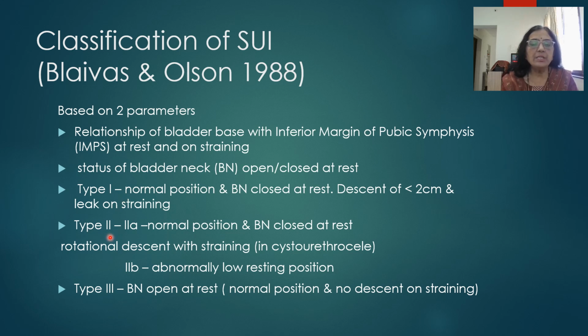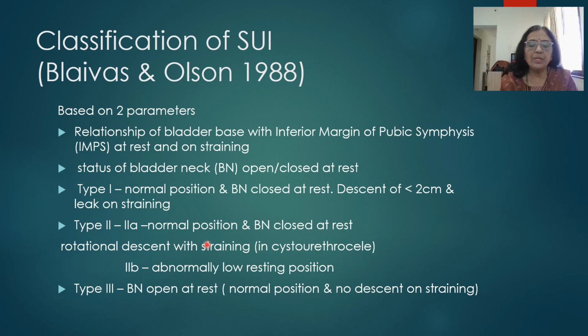Type 2 is when the descent is greater than or equal to 2 centimeters, which is further divided into 2A and 2B. 2A is again at rest, normal position, and bladder neck is closed. But with straining, there will be rotational descent, which is seen with cystourethrocele. So there is a descent of the urethra, but it is rotational descent, which is usually seen in pelvic organ prolapse.